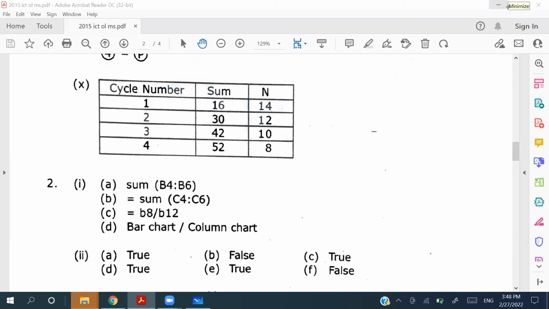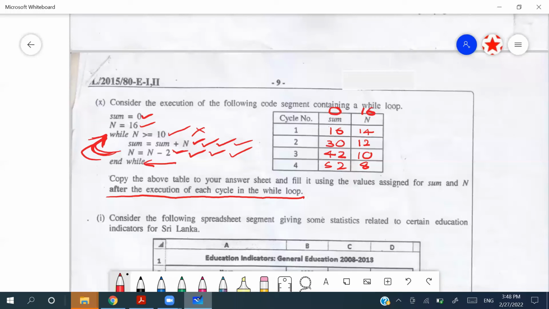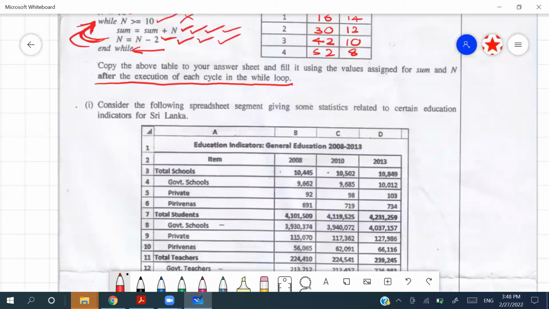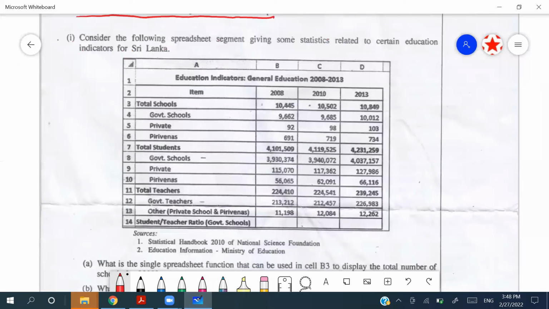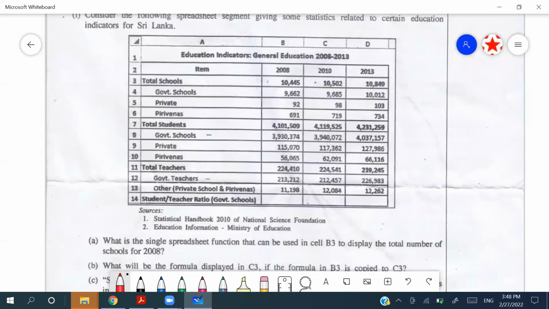Right, so the second question is about the Excel question. It says, consider the following spreadsheet segment giving some statistics related to certain education indicators for Sri Lanka. It has items: total schools, total students, total teachers, and the figures in 2008, 2010, and 2013.